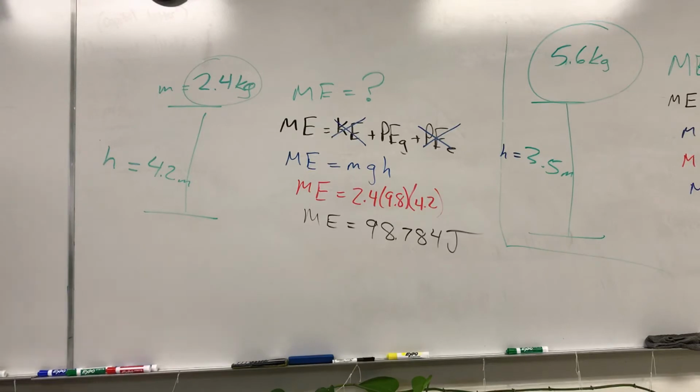Questions on that? So in these 4 problems, all the energy was in one form. It was either all gravitational potential energy or all kinetic energy. But that's not always the case. If we take a look at number 5, it says, how much energy does a 2.5 kilogram ball have that has a height of 2.5 meters and is falling at 3 meters per second?